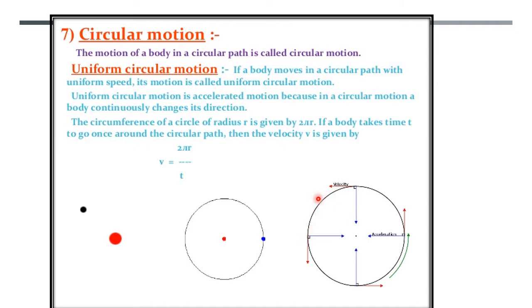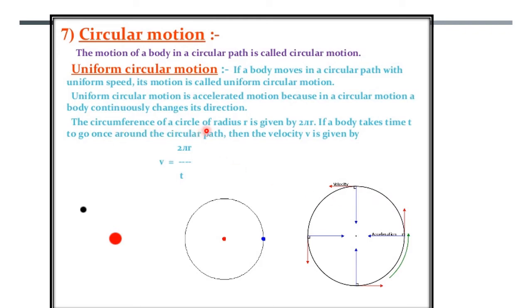Again, after moving an equal distance, it changes its direction. These arrows represent the change in direction while a body is moving in circular motion. This kind of motion is called accelerated motion, in which there is a change in direction.